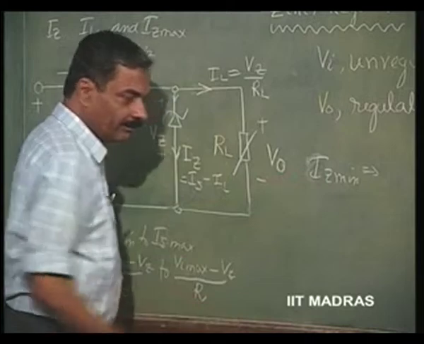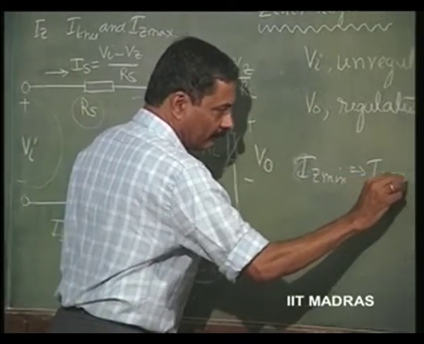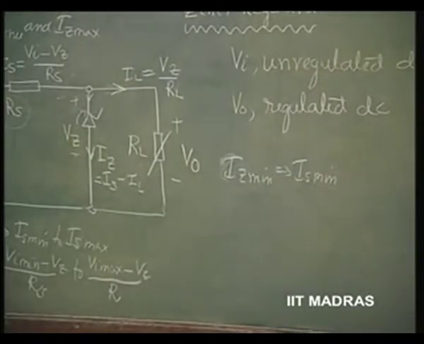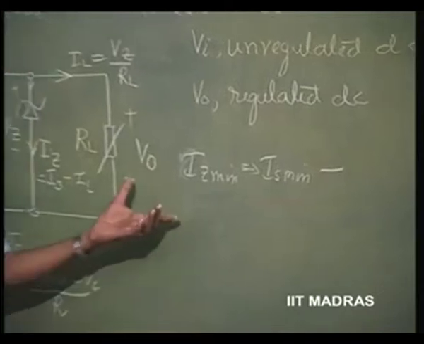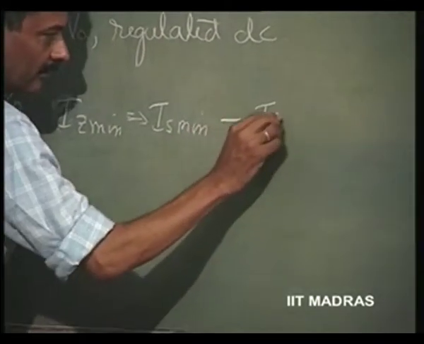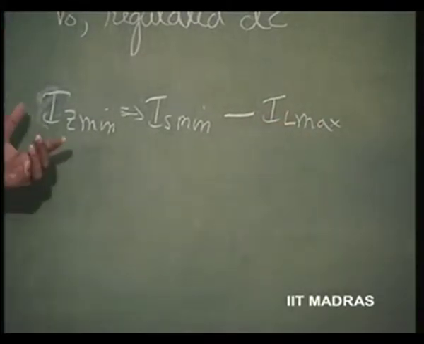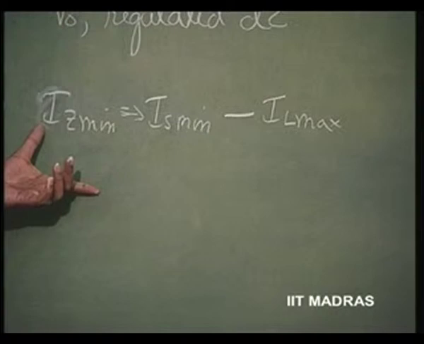I Z minimum is nothing but I S minimum minus the maximum of I L. That is the worst-case minimum for the Zener.